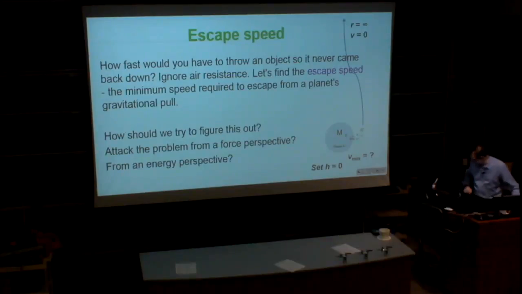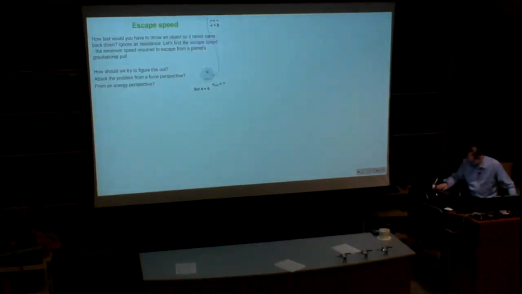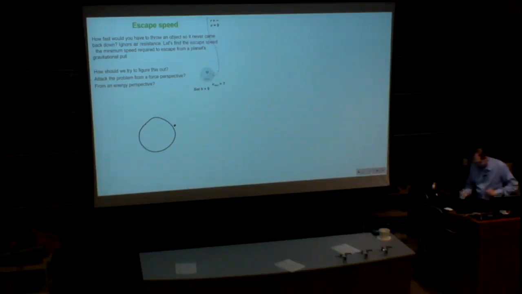So if the object has that initial speed sufficient to escape the planet, and of course we initially neglect any altitude, it starts from the surface.